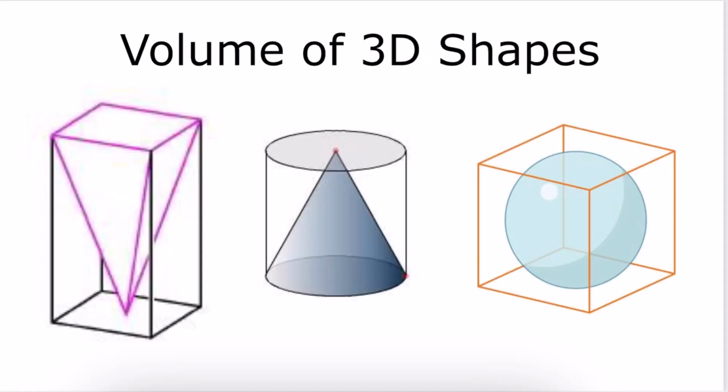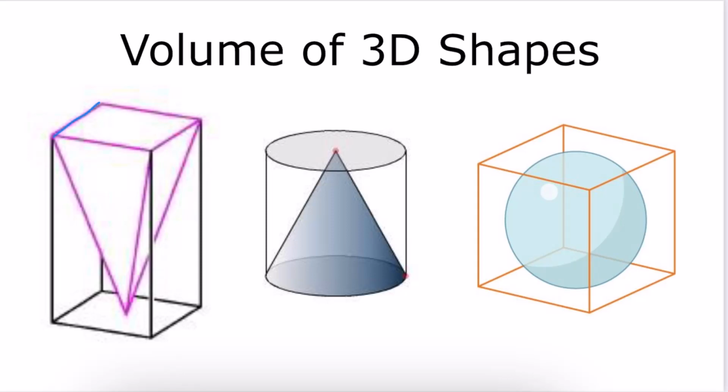And for those of you that are finding the volume of a pyramid or a cone, or if you want an extra challenge, you can do the volume of a sphere. For those of you doing those, the key concept here is to find a three-dimensional shape that's easy to find the volume of, and then find out what fraction of that shape it will fill.